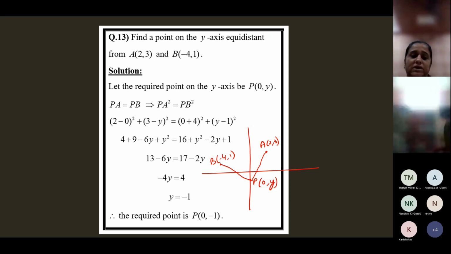PB is equal to PA, or PA square is equal to PB square. The required point on the y-axis. Please write it and I'll just come back in a minute.